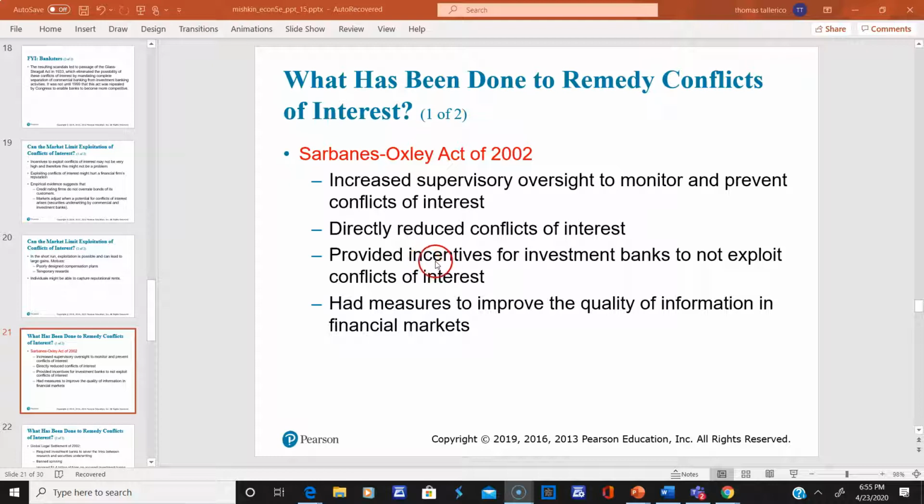So the main goal was to prevent investment banks from exploiting conflicts of interest, and the managers had to sign the accounting statements and swear by them under penalty of law.